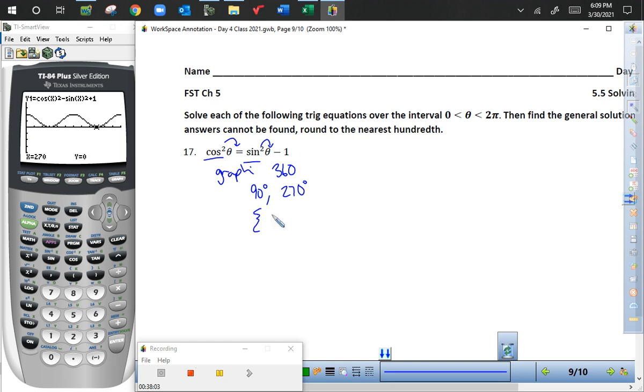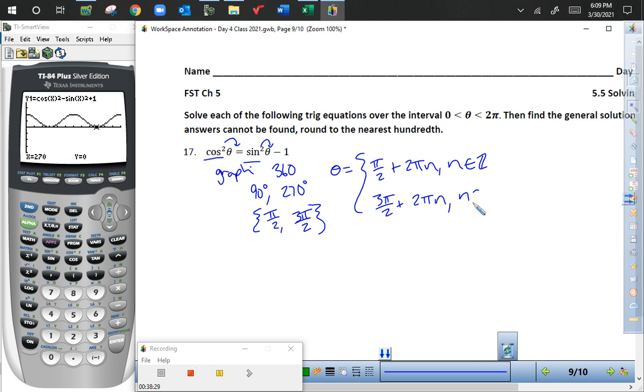Those are nice numbers we know. Pi over 2, 3 pi over 2. If you don't know that, you know the trick. And then we'll stack them on top of each other to finish the general solutions. Because we graphed with the 360, we're going to use the 2 pi n for the generalized solution. Same thing for that second one. And that's it for that one.